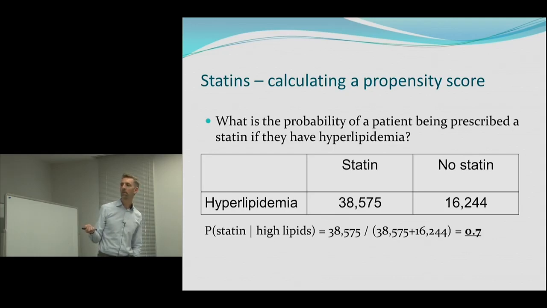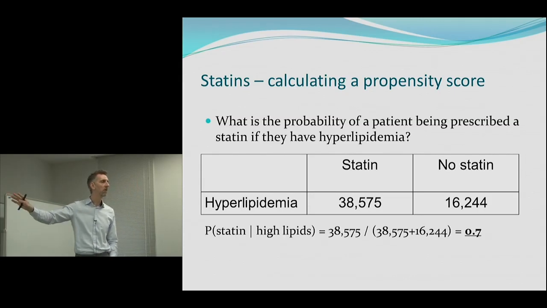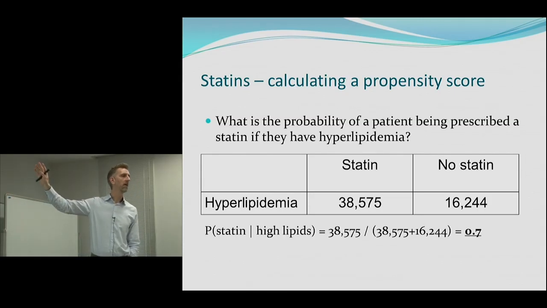What's the probability of receiving a statin given that you have high lipids? It's literally, in our study population, if we take everybody with high lipids, the number of people with high lipids who are receiving a statin divided by the total number of people with high lipids. And it would be 0.7. This would then be the propensity score for everybody with high lipids.